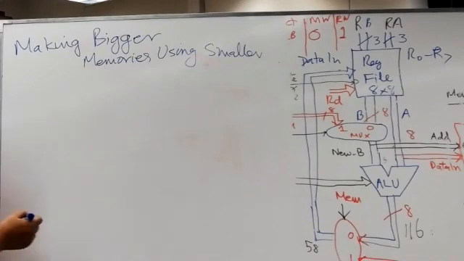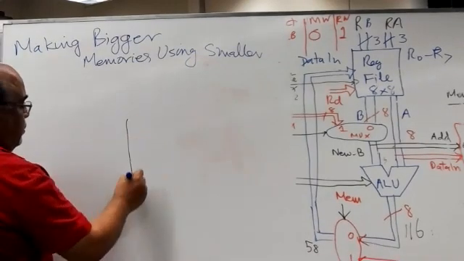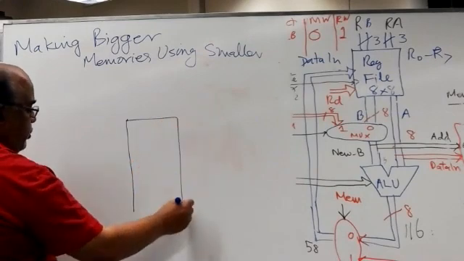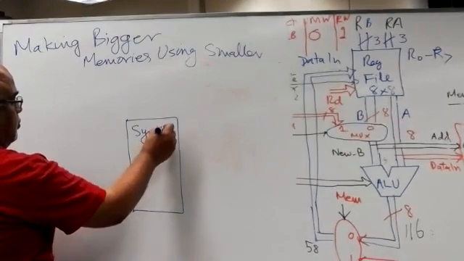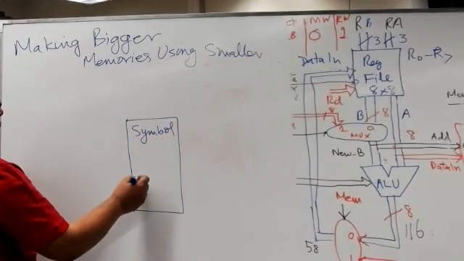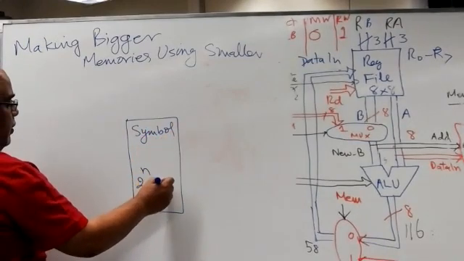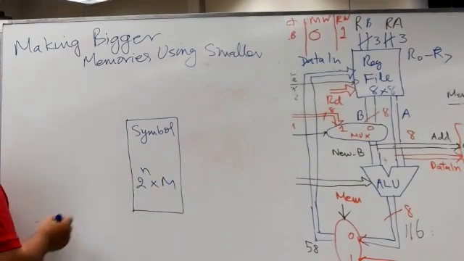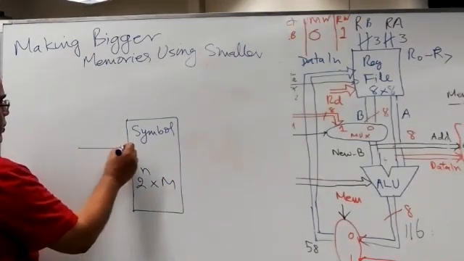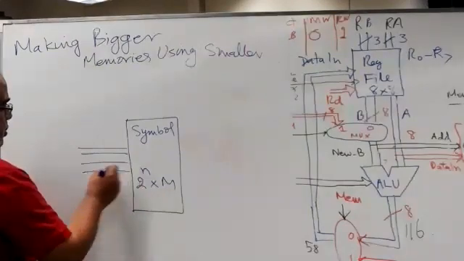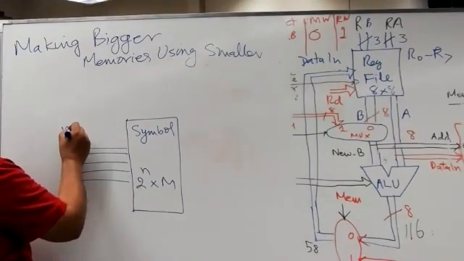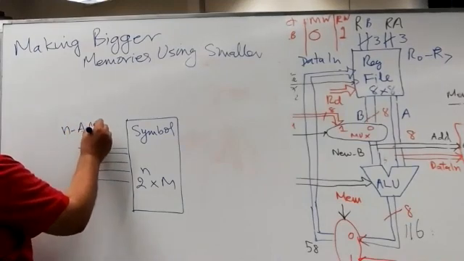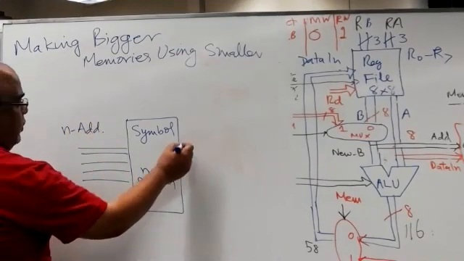All right. So what happens in a memory? If you remember, this is the symbol of a memory. It has a 2 raised power n multiplied by m size. So n means it has n address lines and m data lines.